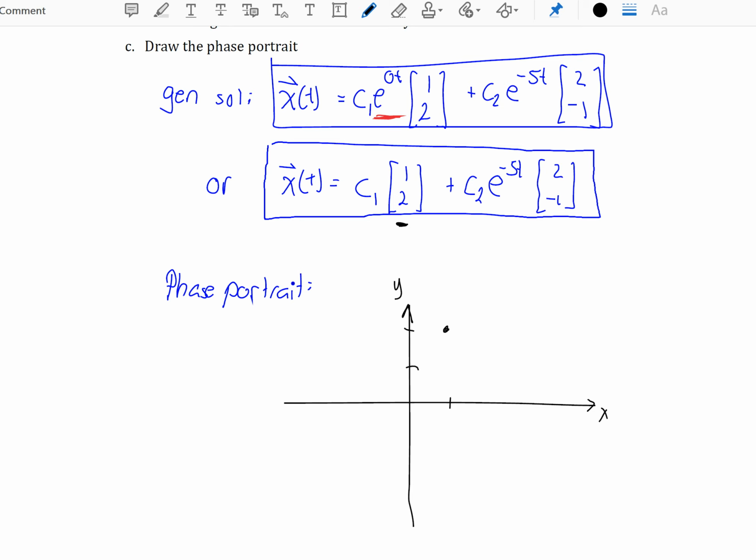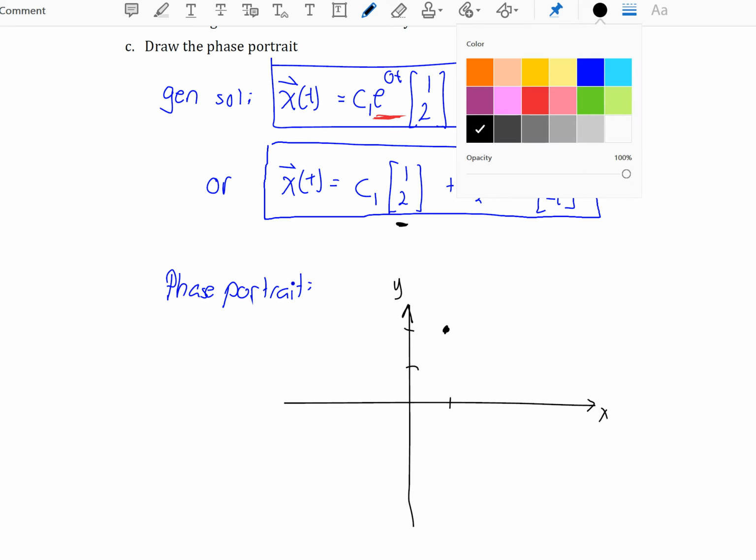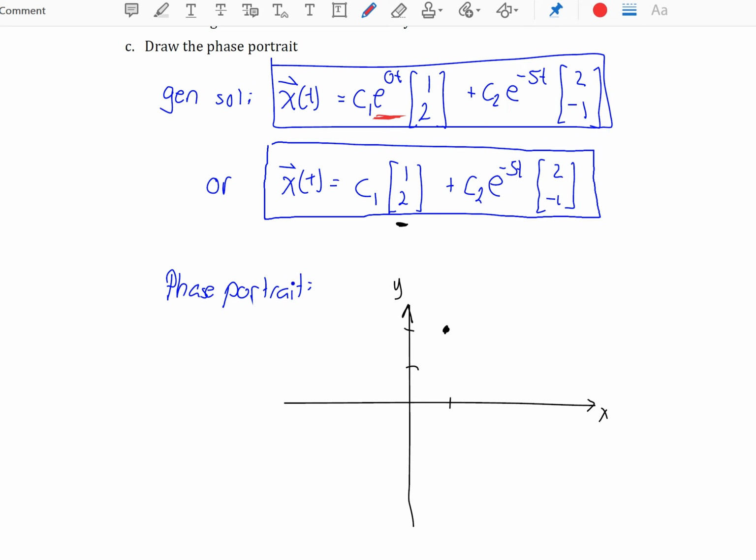It goes through this point. But I'm going to draw an entire line through that point. And this is associated with the eigenvalue 0. Our second eigenvector will go through the point 2, -1.